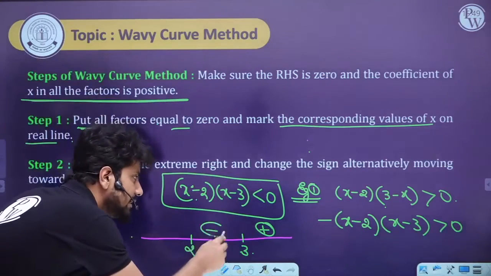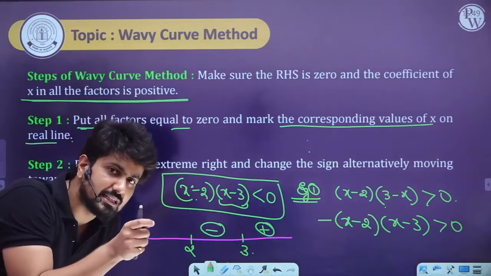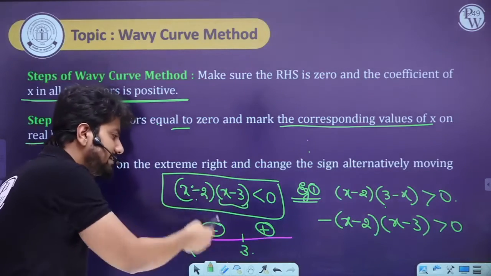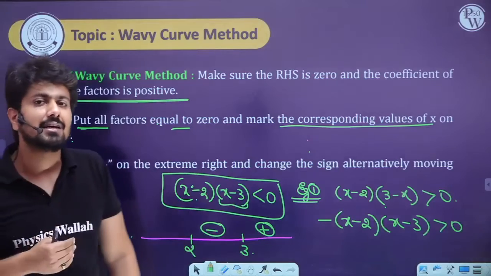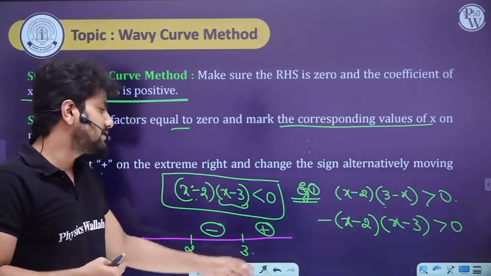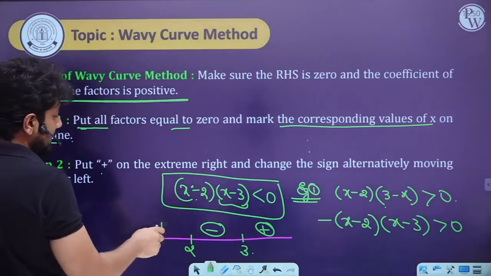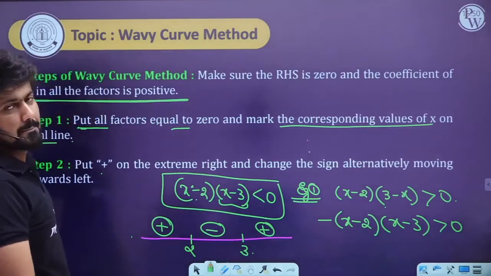About this 3, the x minus 3 factor will change its sign, then about 2, this will also change its sign. So the sign changes after each critical point: positive, negative, and then positive again.